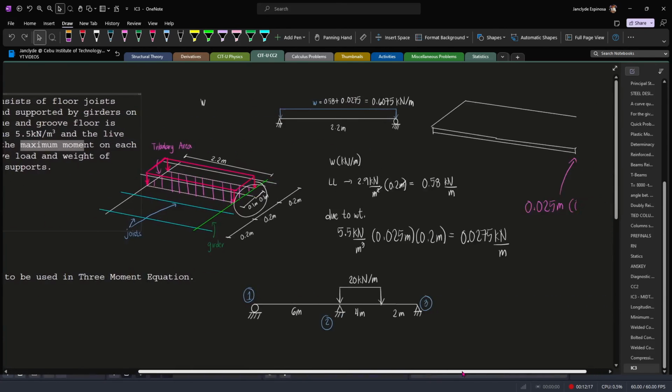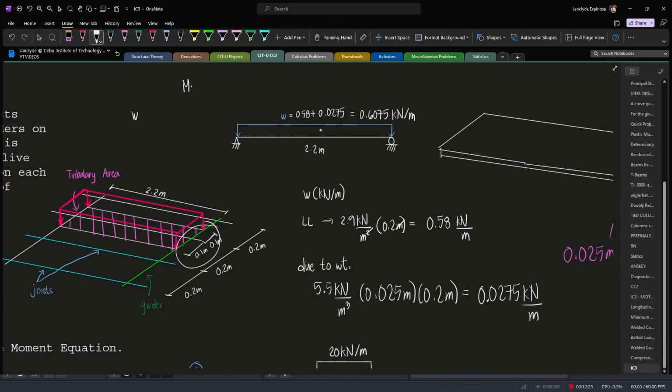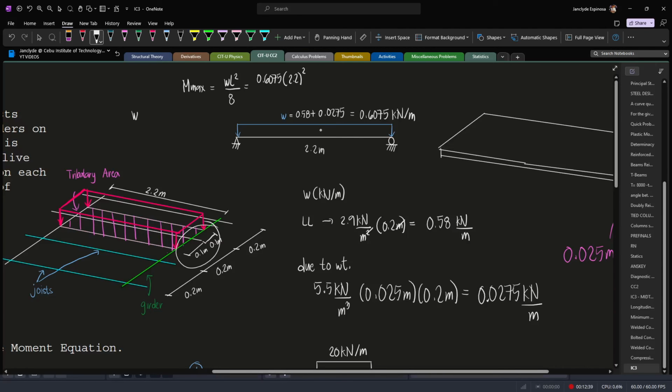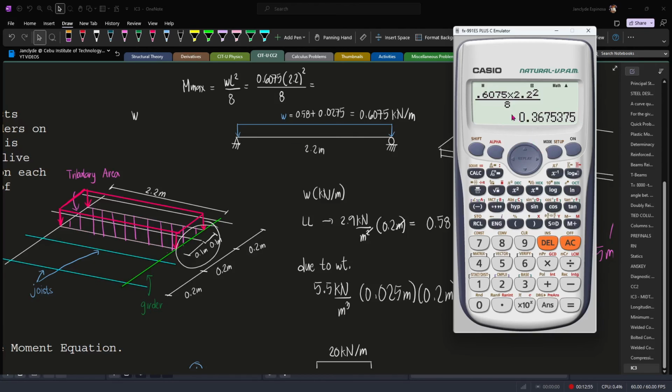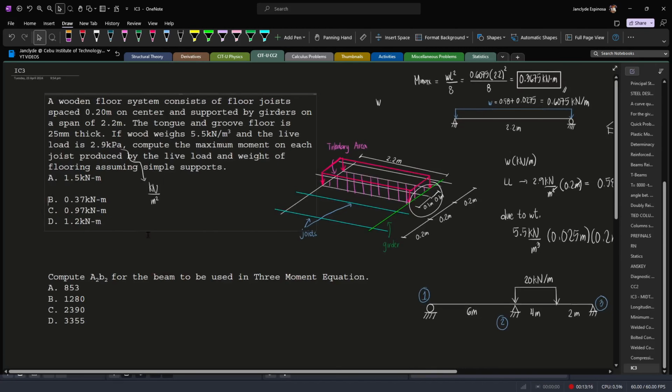So for each joist, the maximum moment, since we have a uniformly distributed load, Mmax is equal to yung general formula natin, WL squared divided by 8. And so this is 0.6075 multiplied by the length, which is 2.2, and then squared divided by 8. So this is 0.3675. And then this is kilonewton meter. And so our answer is letter B.